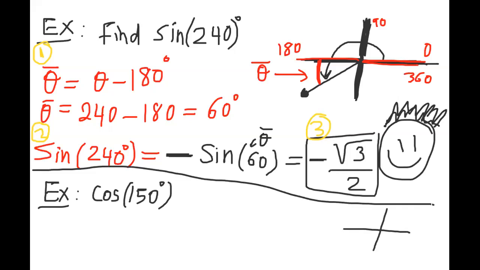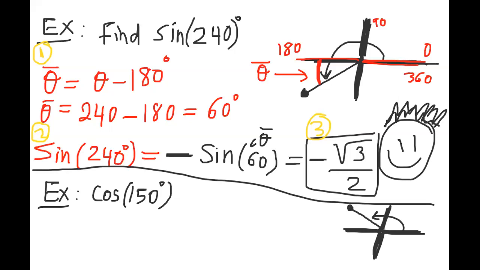What is the angle 150? I know this is 0, this is 90, this is 180, here 270, and here again 360. So the angle 150 looks like here, from here to here. This is the angle 150.